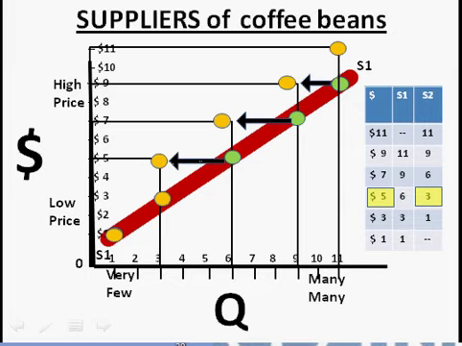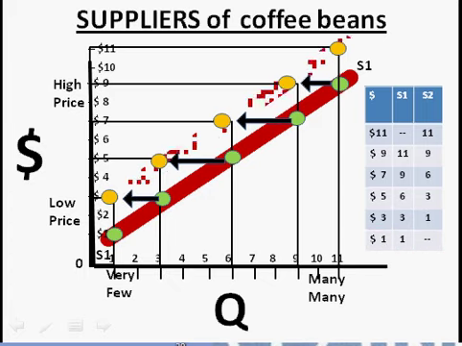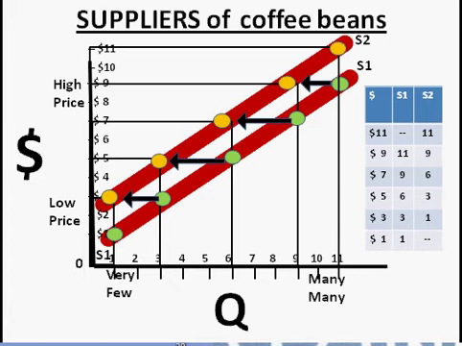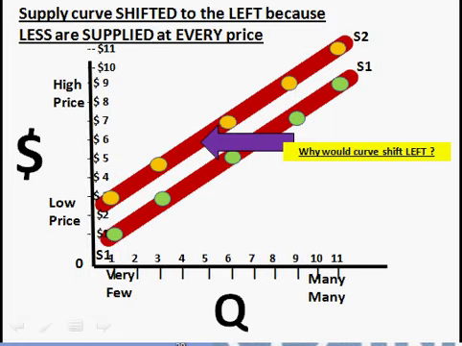At 5 million, there's less supplied. At 3 million, there's less supplied. And at 1 million, we don't even have data for that now in the new supply curve. And we label that supply curve S2. So now we have a shift where less is supplied at every price.